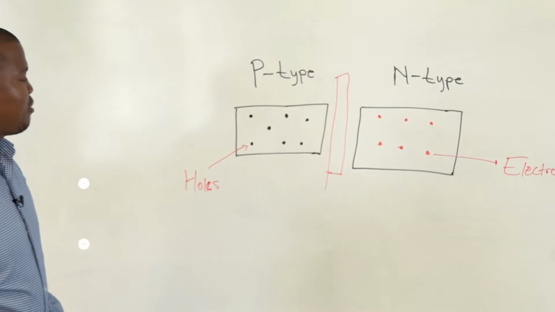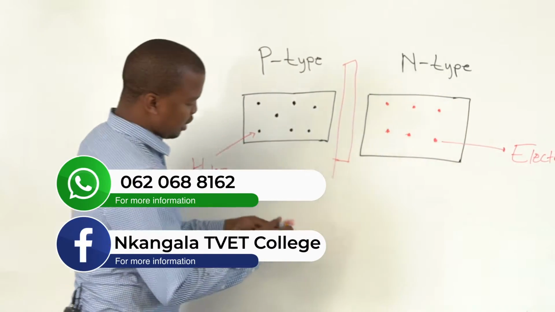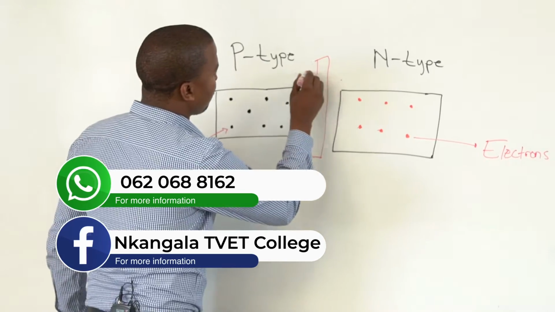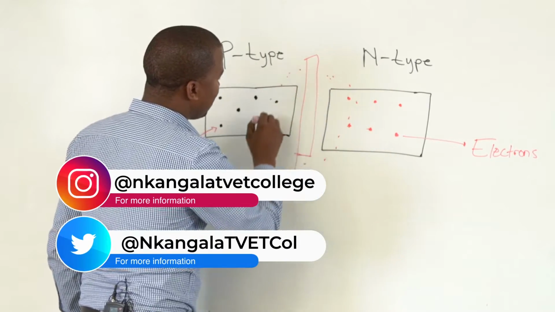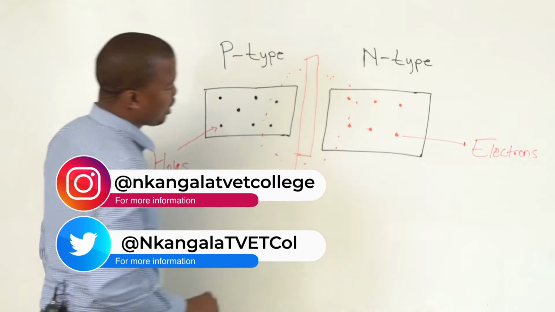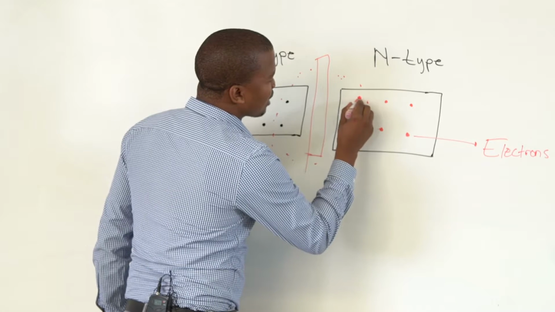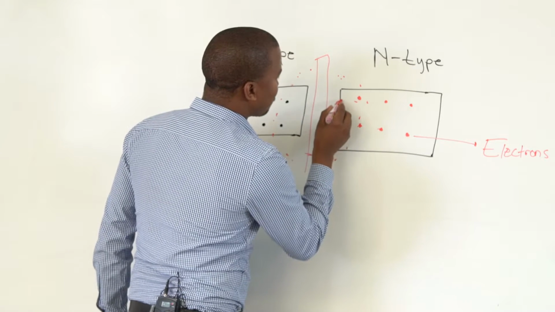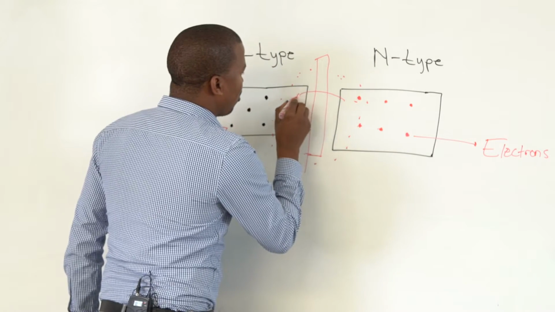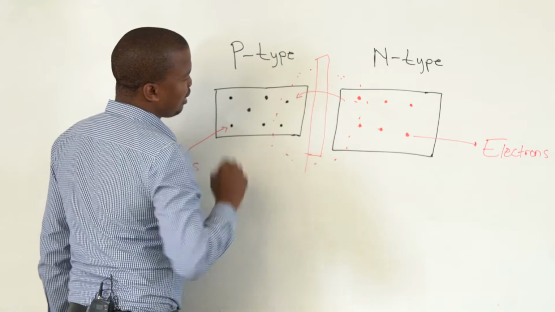To explain this further from my board here, what they are saying is that at this portion, in the middle of the two semiconductors, the electrons will jump to the P-type position.